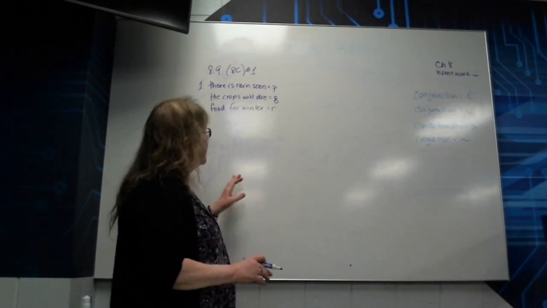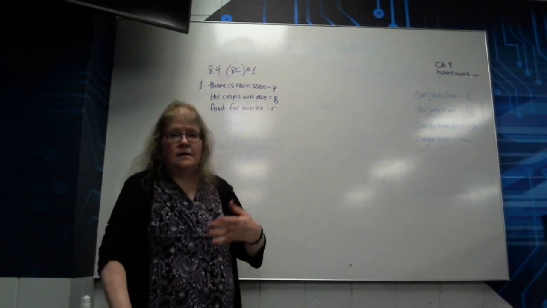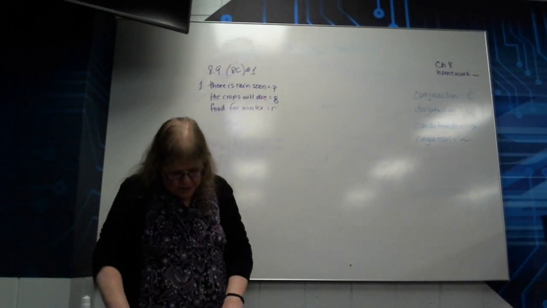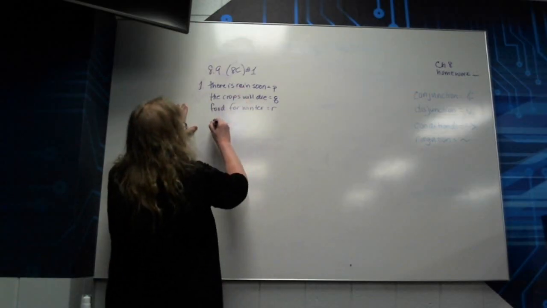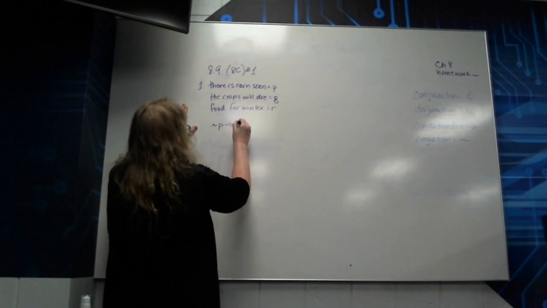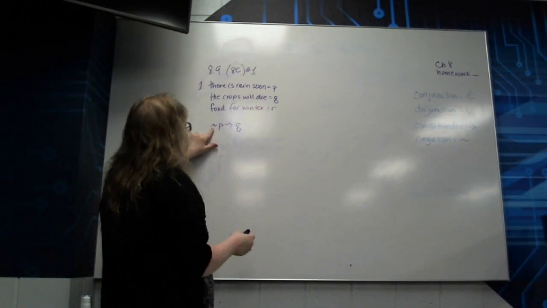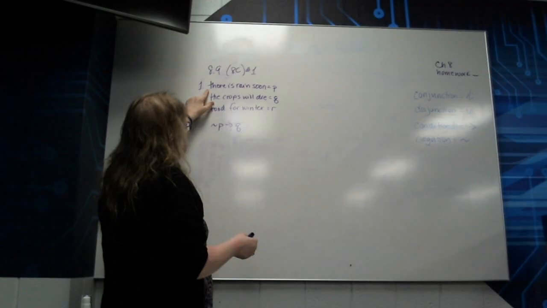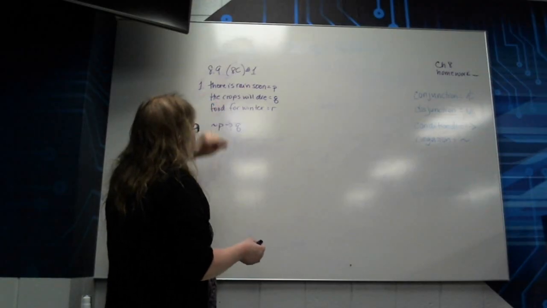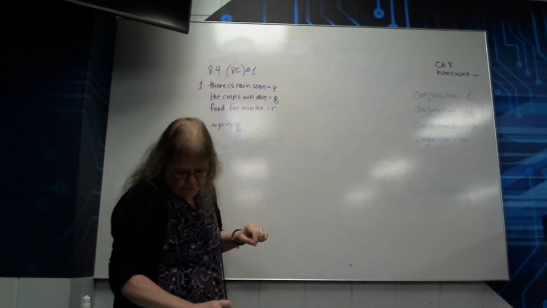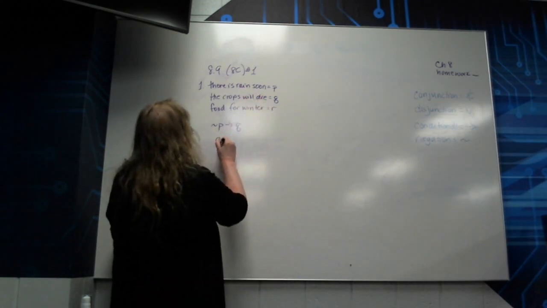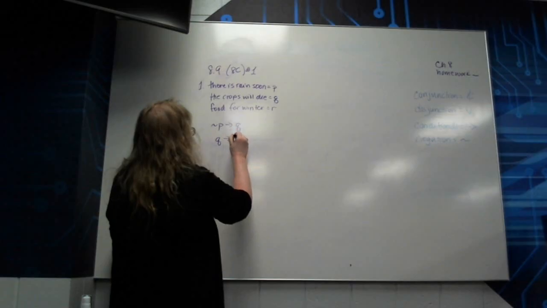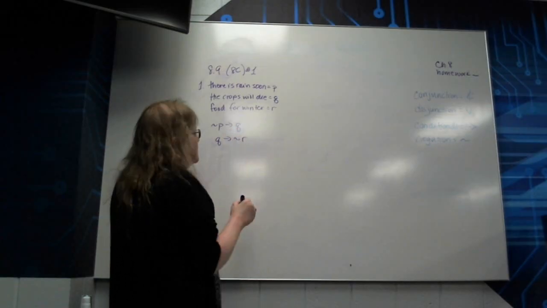Okay, so I have 3 pieces here again, no syllogism. If there is no rain soon, then the crops will die, okay? Not P, then Q, okay? Yay, one thing down. If the crops die, then there will be no food for winter, okay?